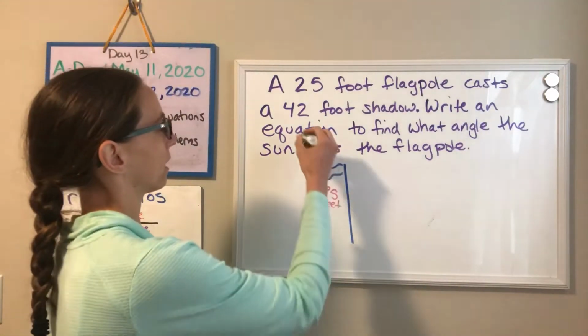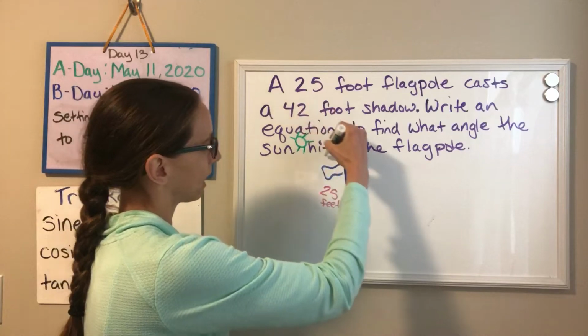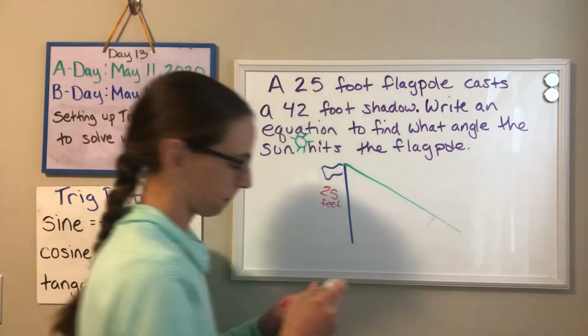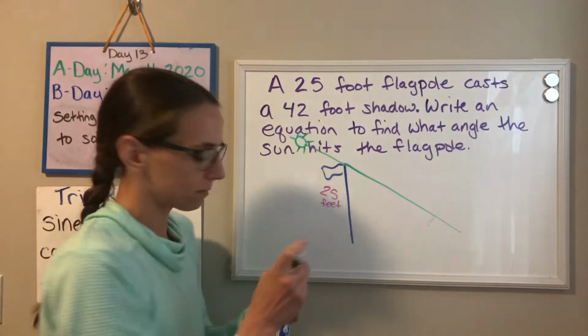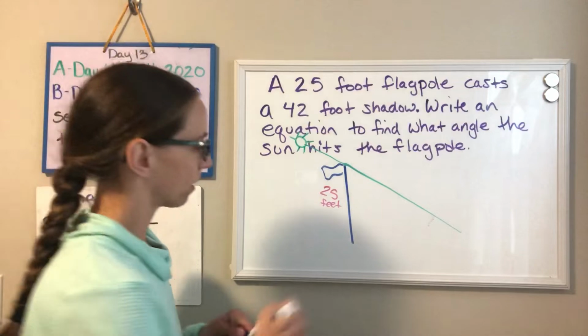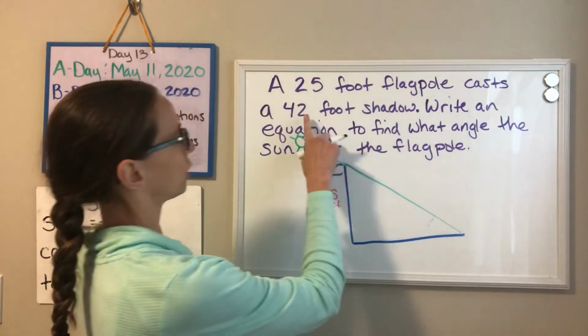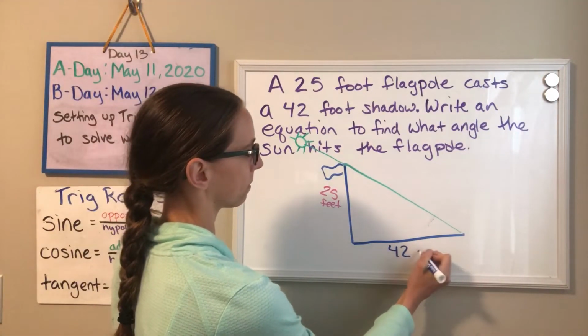It's going to be green today. The sun has to be behind the flagpole, right? Which is going to cast a shadow through here. So our sun rays are coming down. So we're going to finish drawing our shadow. And our shadow, which would be what's lying on the ground, is 42 feet.